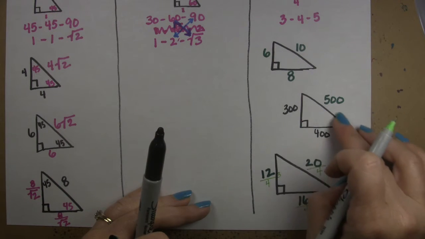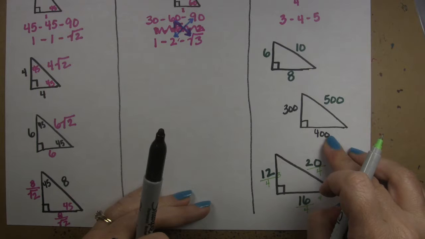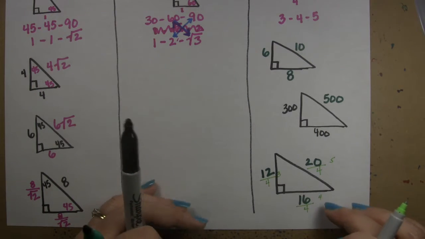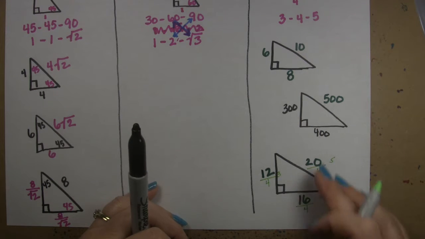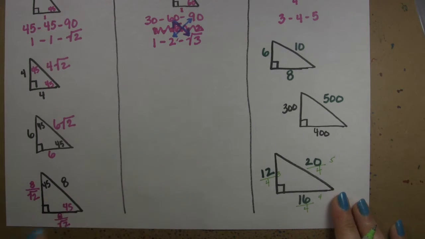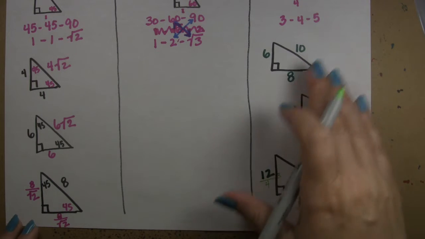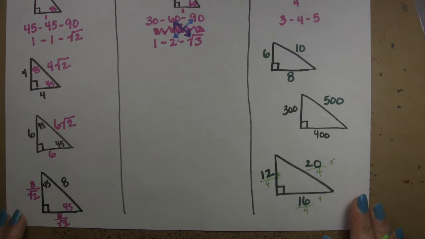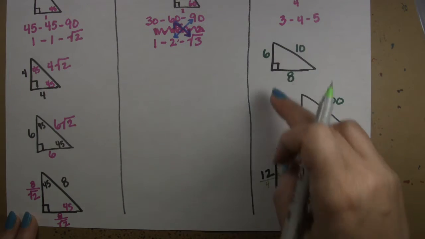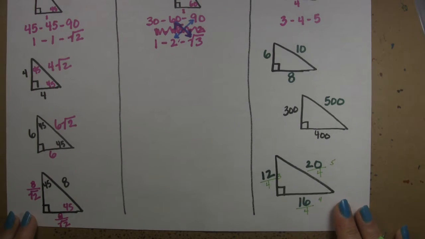It's easier in certain numbers, like when we multiply by 100 or when we stick with small numbers like here. But if you keep your eyes open for them, you will find them a lot, especially on standardized tests. And it makes your life go a lot faster if you don't have to write out the Pythagorean theorem. You just know, hey, that's got to be a 10 because that's a 3, 4, 5 triangle.